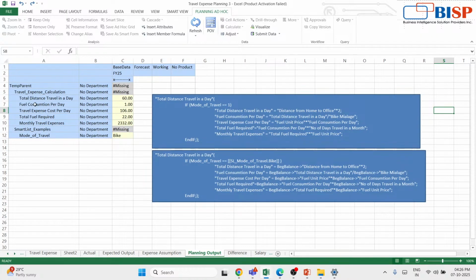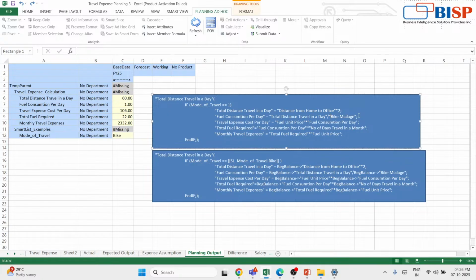If mode of travel equals 1, it indicates that the mode of travel is a bike. Okay, 1 for bike and 2 for car. So total distance travel in a day equals distance from home to office multiplied by 2. Fuel consumption per day equals total distance travel in a day divided by bike mileage.